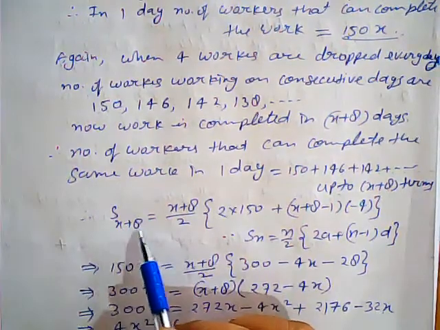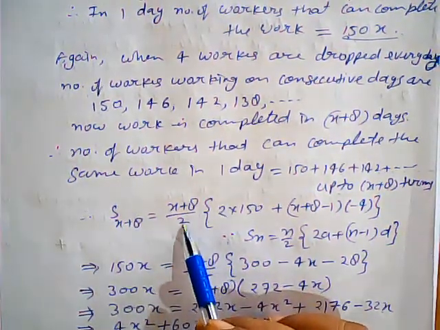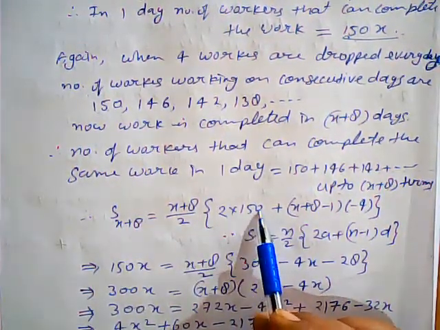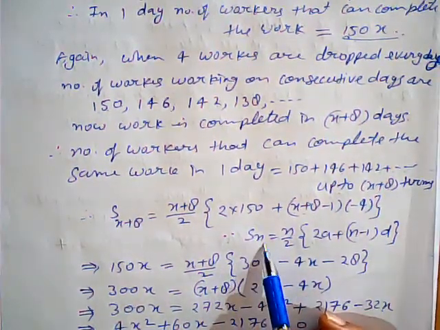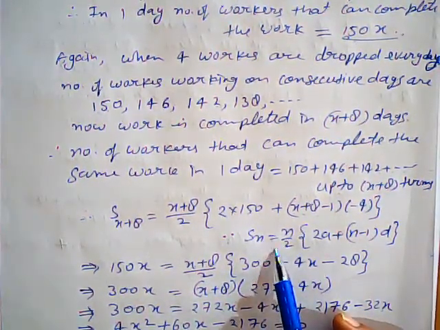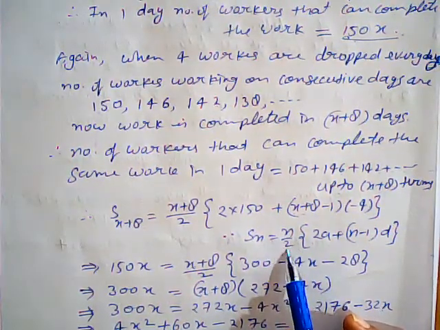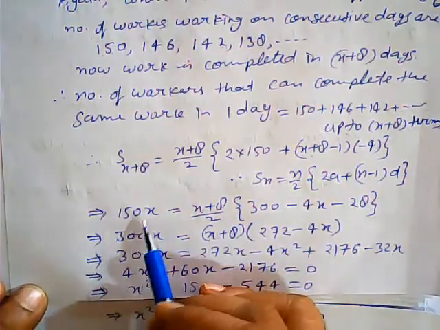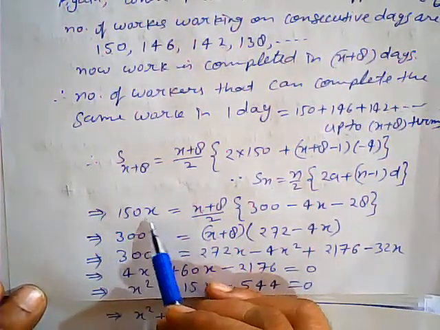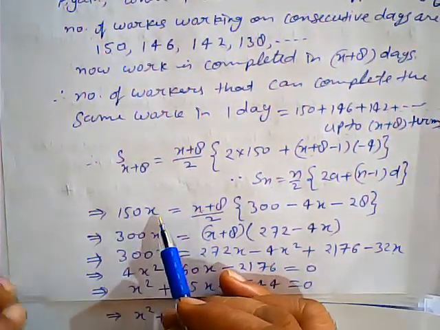So Sn equals (x plus 8)/2 into [2 into 150 plus (x plus 8 minus 1) into d], since Sn of an arithmetic progression is given by n/2 [2a plus (n minus 1) d]. The work was completed by 150x workers in one day.